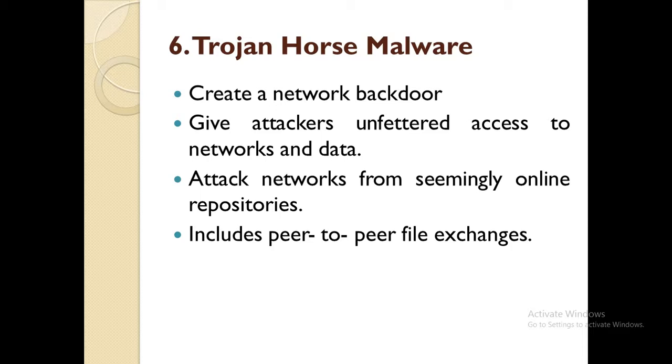Sixth is Trojan horse malware. These malwares may enter into our network and attack our databases. Sometimes they may exchange files between the internal network and the outside network without authorization. So this is also an attack that may happen by Trojan horse malware.